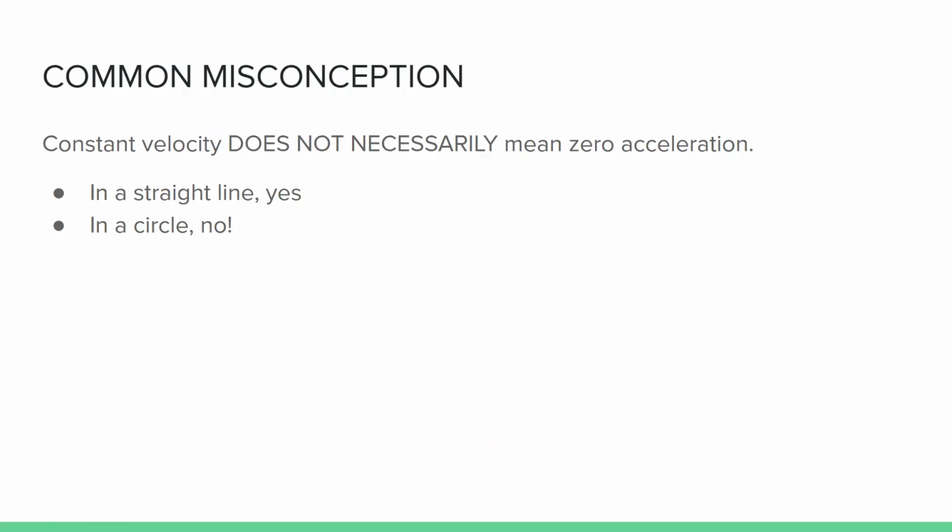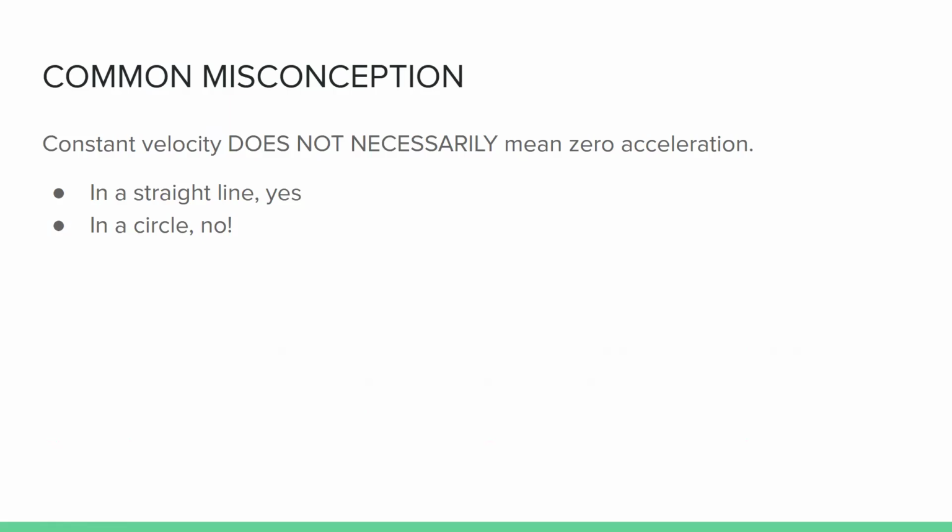Well, graphically, that might make sense because we know that the slope of a velocity versus time graph is going to be the acceleration. And if we have a constant velocity, it's going to be a horizontal line. And the slope of a horizontal line is zero.